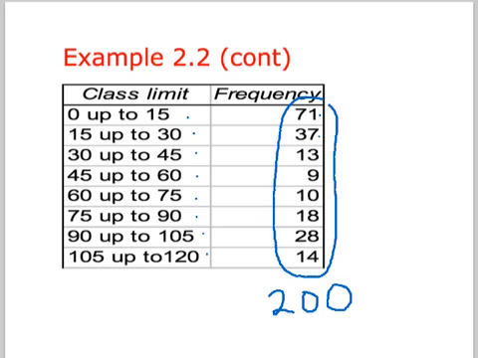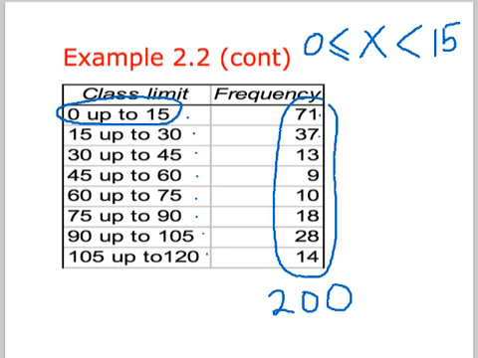Okay, good. Let me also make it clear. 0 up to 15. To be more specific, guys, I will write that as this. Any observation that is less than 15 but bigger or equal to 0. So once again, any observation that is bigger or equal to 0 but less than 15.